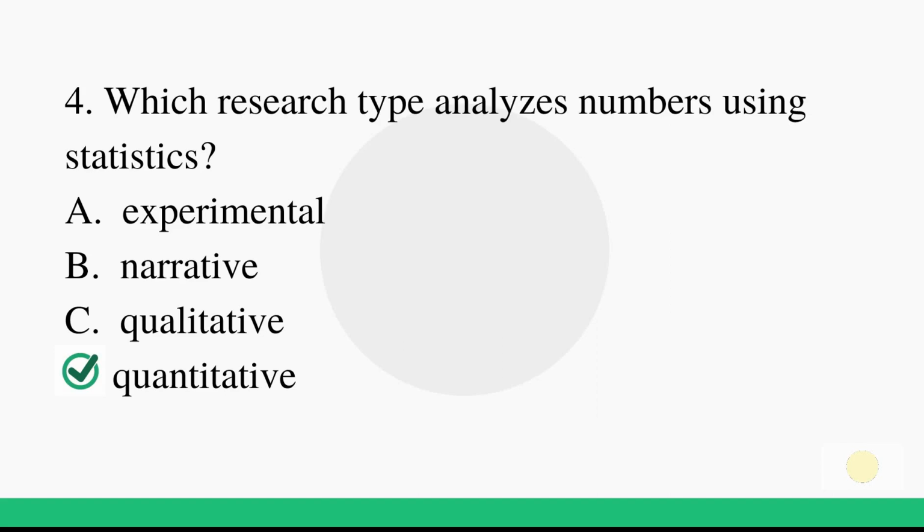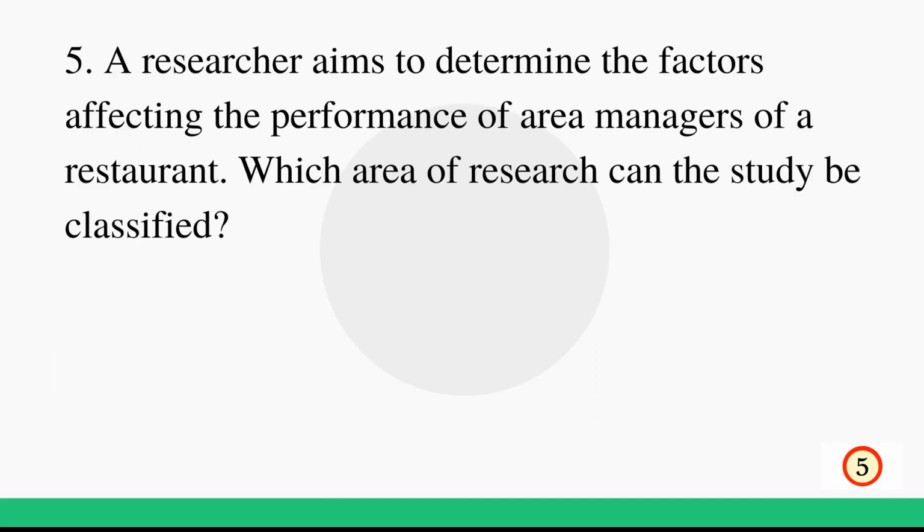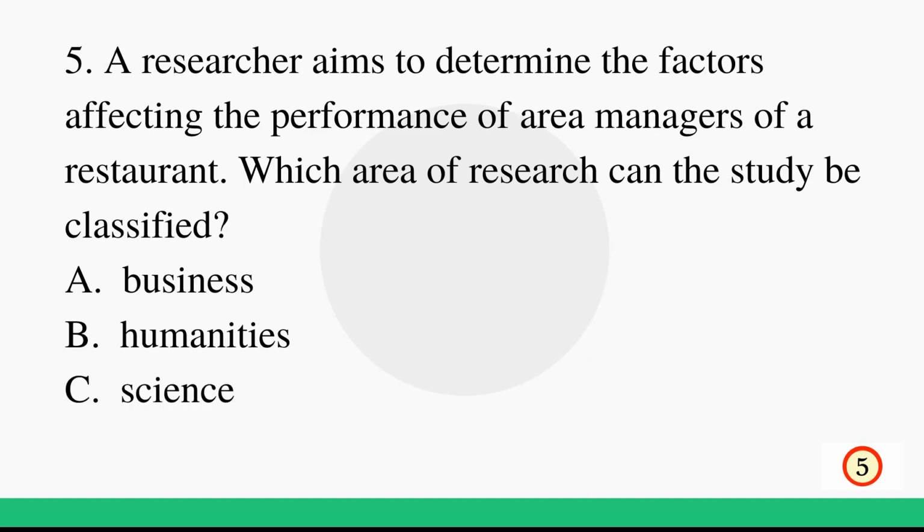The final question. Number 5. A researcher aims to determine the factors affecting the performance of area managers of a restaurant. Which area of research can the study be classified? A. Business. B. Humanities. C. Science. Or D. Sports.